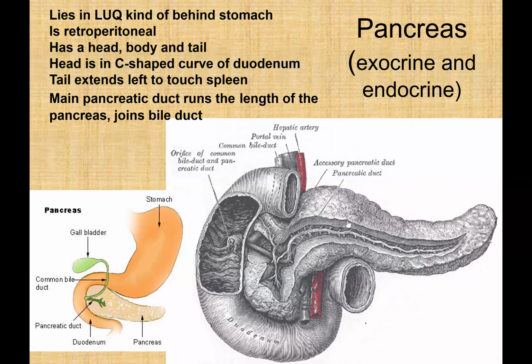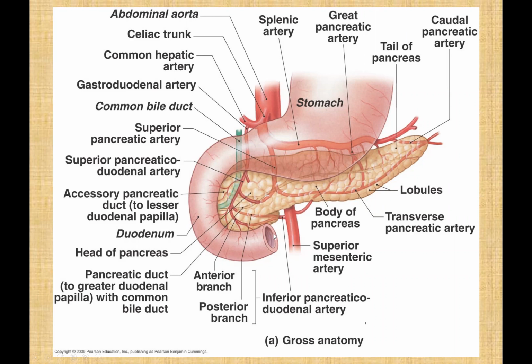So this is just to show us the blood supply and drainage. You have the abdominal aorta, and from it the splenic artery comes out.